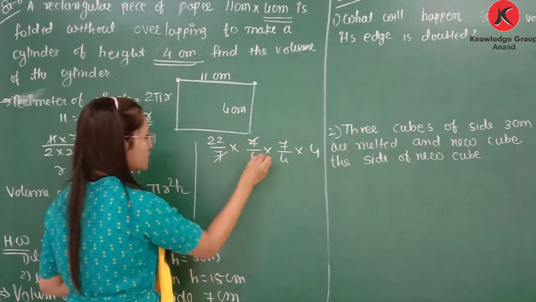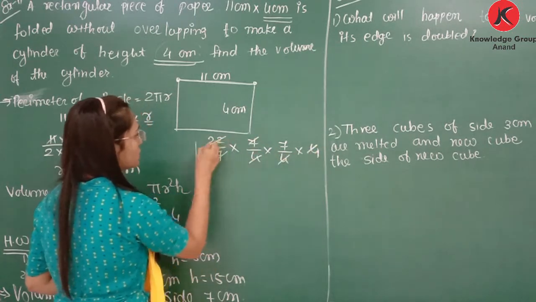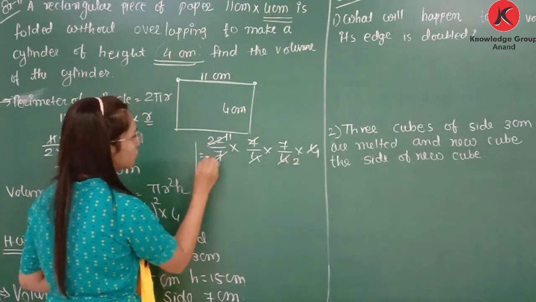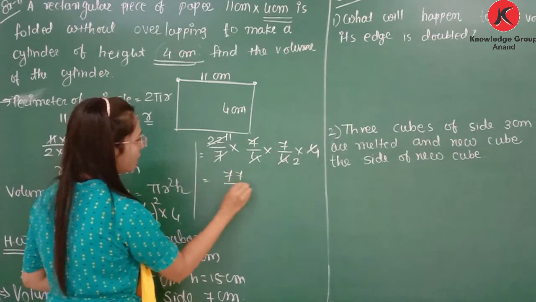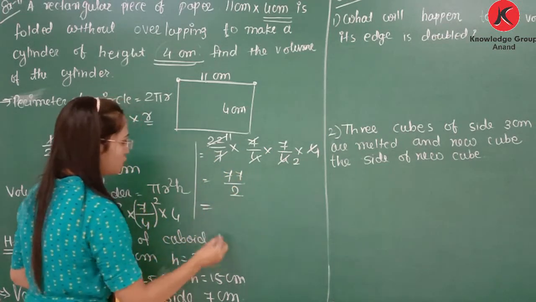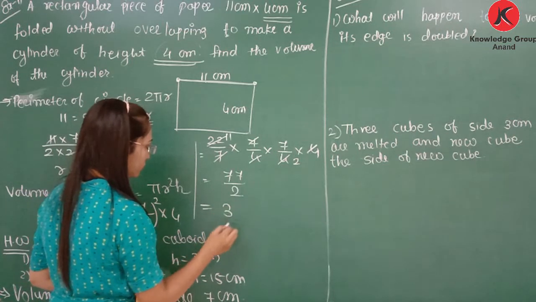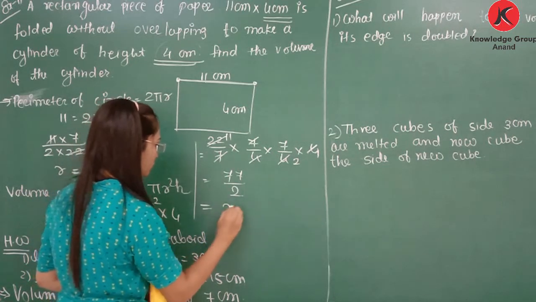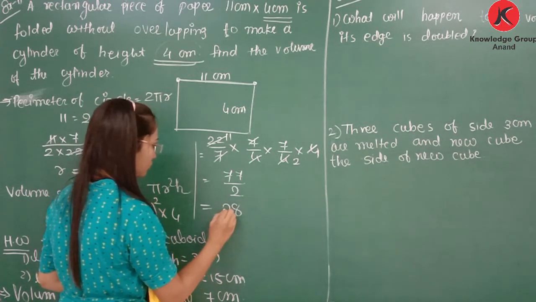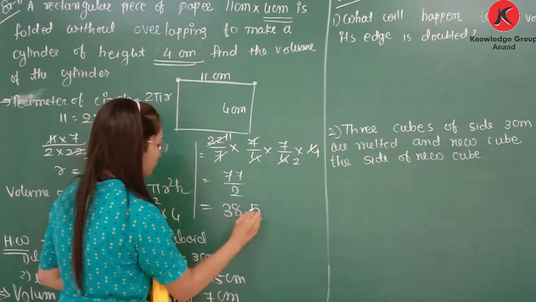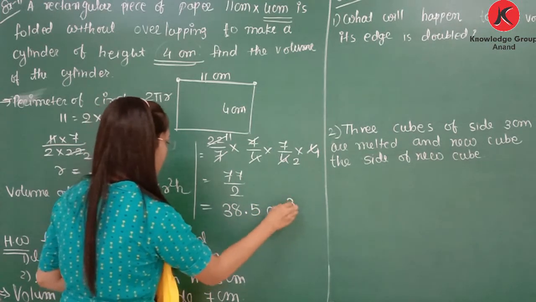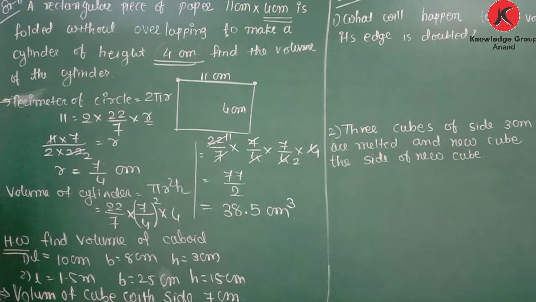So 7 and 7 cancel, 4 cancels. It is 11 times 7, so 77 by 2, which will be 38.5 centimeter cube. That is the volume of the cylinder.